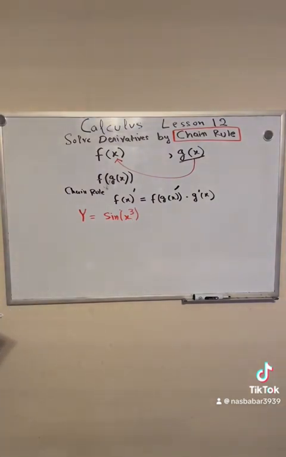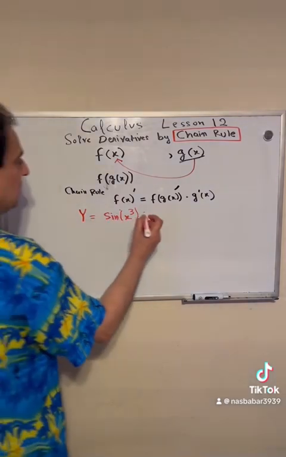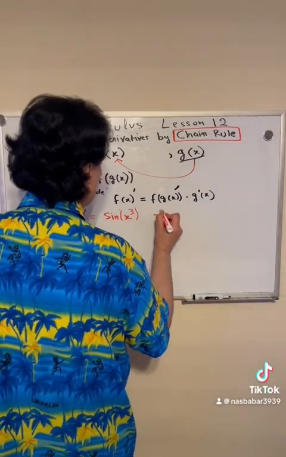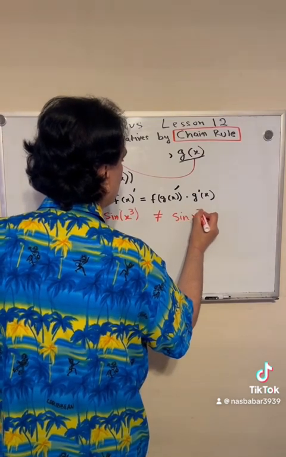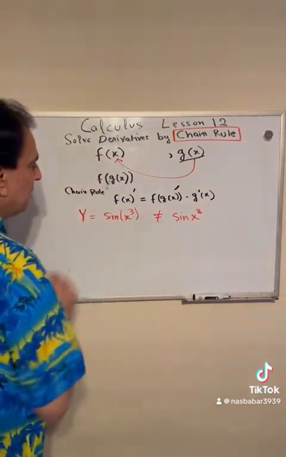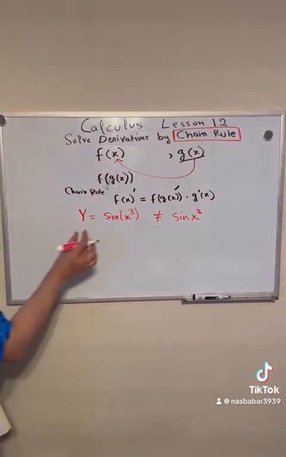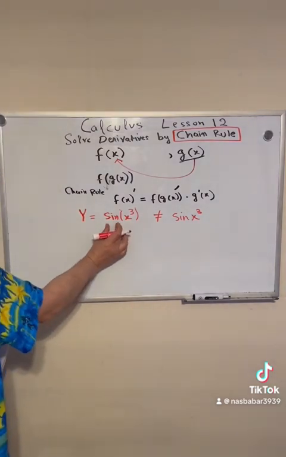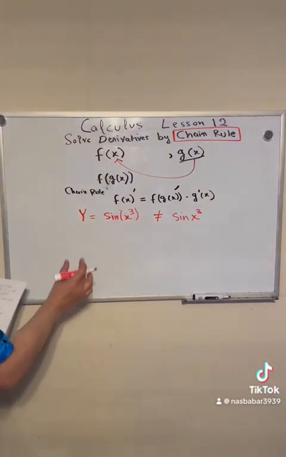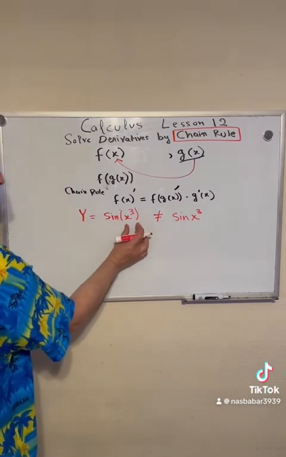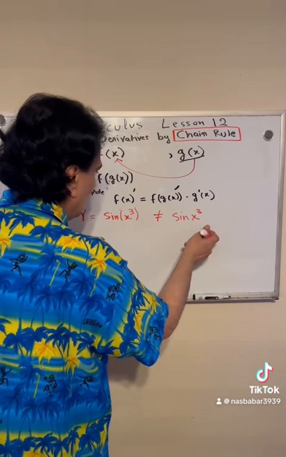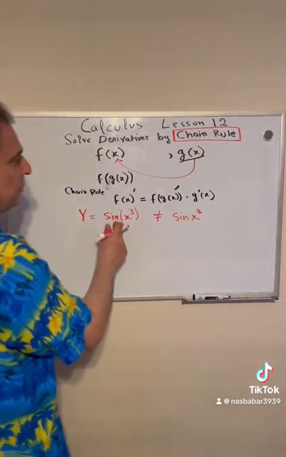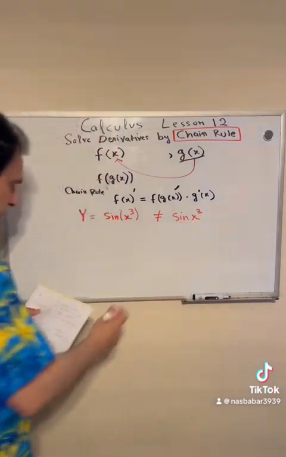One thing I must tell you is that this is not the same as sine x, then cubed. These are two different things. In one, sine is separate and x cubed is separate, but over here, you're taking the sine of x cubed.